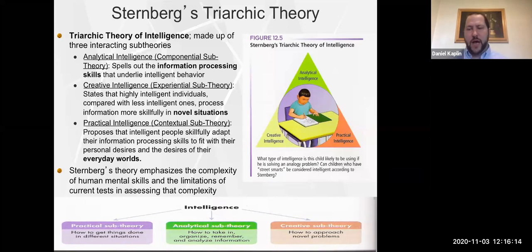And if I were to ask you, well, which intelligence do I rely on heavily, it would be analytical intelligence. And then if I were to ask you, well, which intelligence do law enforcement officers rely on heavily? It would be practical intelligence. So there's this difference between the element of intelligence that I use more than she does typically.